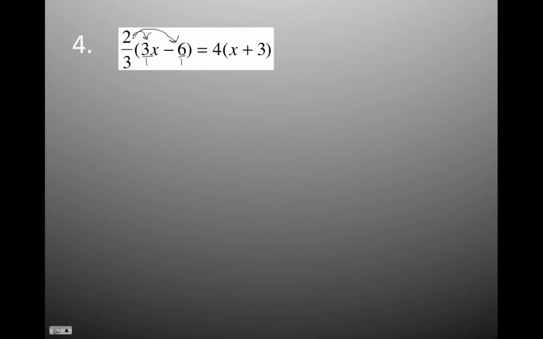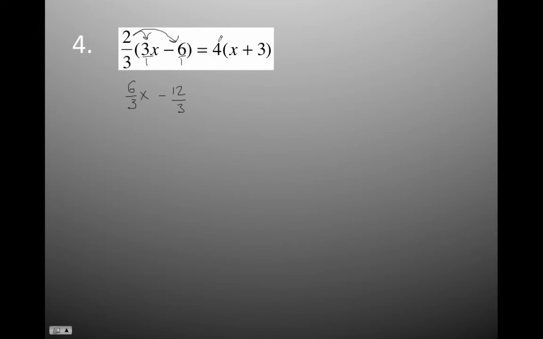Fraction times a fraction, we multiply numerators times each other and denominators times each other. So 2 times 3 is 6, 3 times 1 is 3. 6 over 3, x. Then 2 times negative 6 is negative 12, and 3 times 1 is 3.